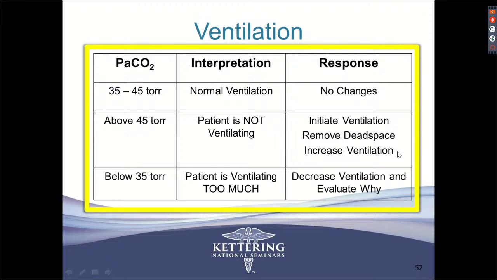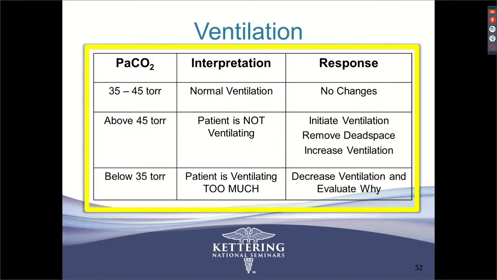So that's your action plan if we've got a CO2 above 45 on this test, all right? If we have a CO2 that's below 35, that means that the patient is ventilating too much, or hyperventilating. And remember when we said yesterday that if the patient is hyperventilating, we want to check the PaO2 first to see if they have a decreased PaO2. And if they do, then we're going to give them oxygen, right?